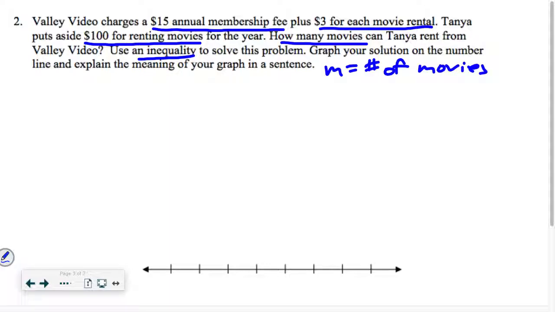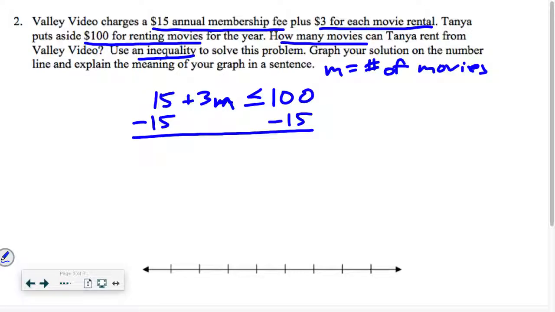So for how much money Tanya can spend, she has to pay $15 up front, and then she pays $3 for every movie she rents. Tanya's budget for the year is $100. So again, just like before, I'm going to ask myself the questions. Can she spend $100? Yes, she can. Can she spend more than $100? No. So that means we have to be less than or equal to 100. And just like our other solving methods, we are going to undo the order of operations.